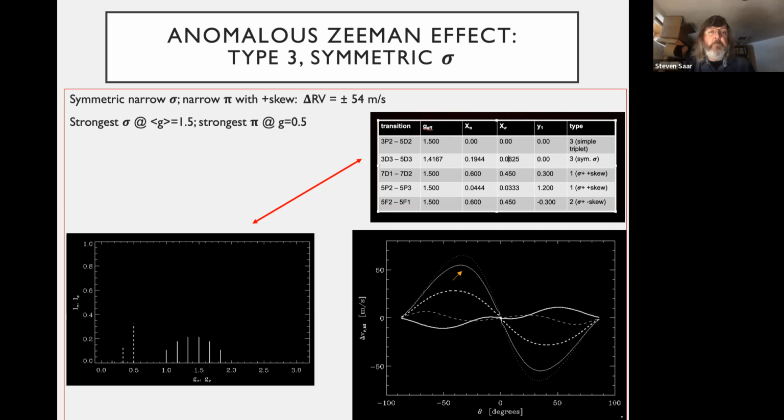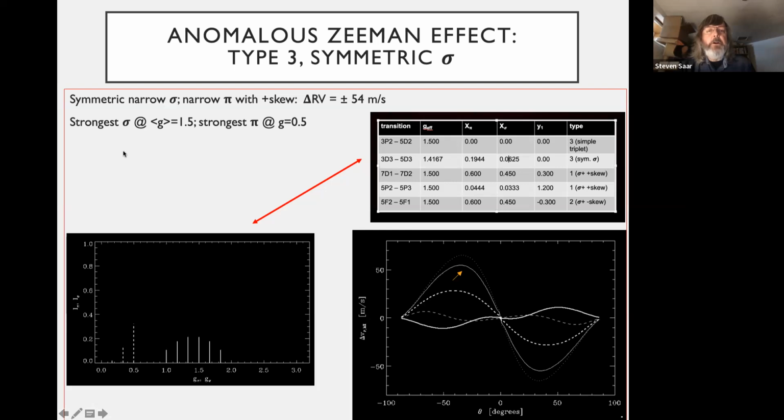It has a symmetric narrow sigma distribution and a narrow pi distribution with a positive skew. So actually, that's a negative skew actually.